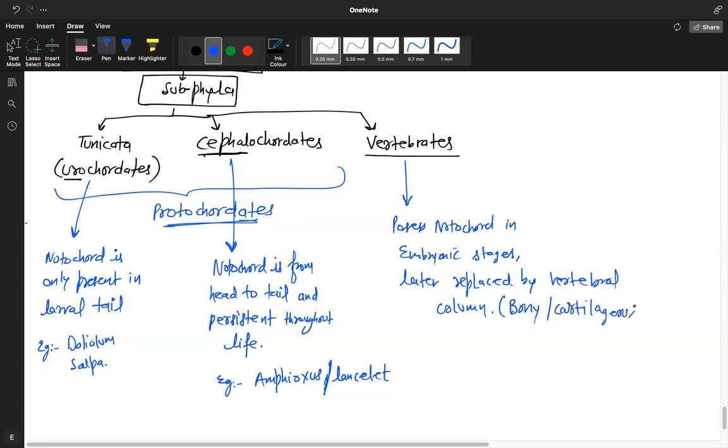I'll tell you where it is cartilaginous when we come to fish. They have two kinds of fishes, bony fishes and cartilaginous fishes. So there we'll see a cartilaginous vertebral column. Chondrichthyes.